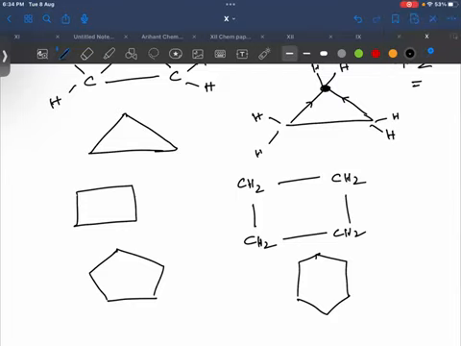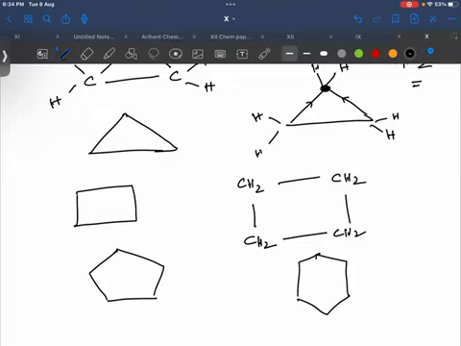Let's say in cyclohexane you have 6 carbons, and that means you have 12 hydrogens. So that means all cyclic hydrocarbons are alkenes. Okay, the alkene formula.